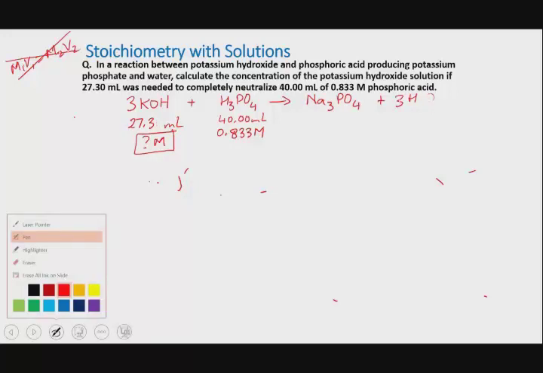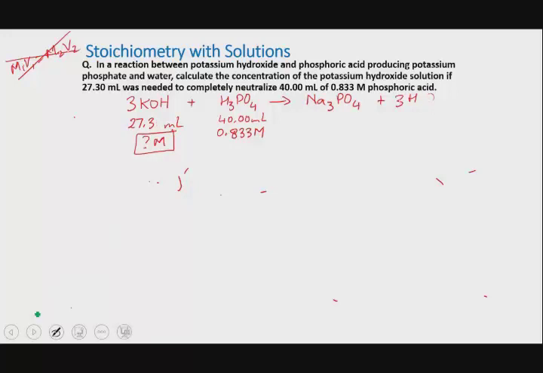So once again, let's first create a strategy. Knowing the volume and concentration of phosphoric acid, can we calculate the moles of phosphoric acid? Yes, we can. We've done it. From here, using the balanced equation, can we then calculate the moles of KOH that it would take to react with the moles of phosphoric acid?